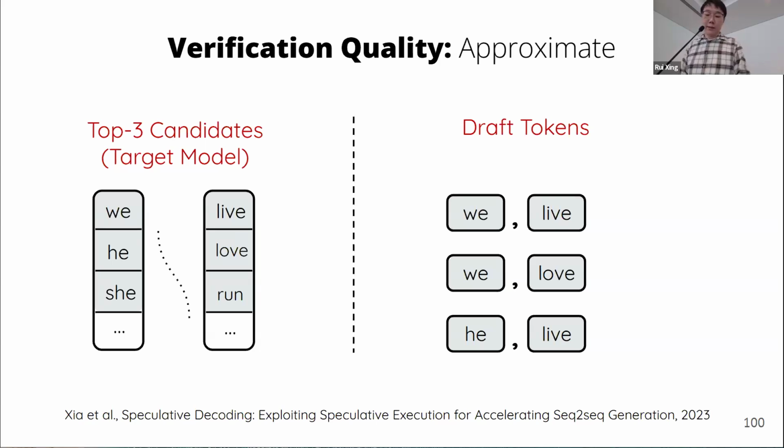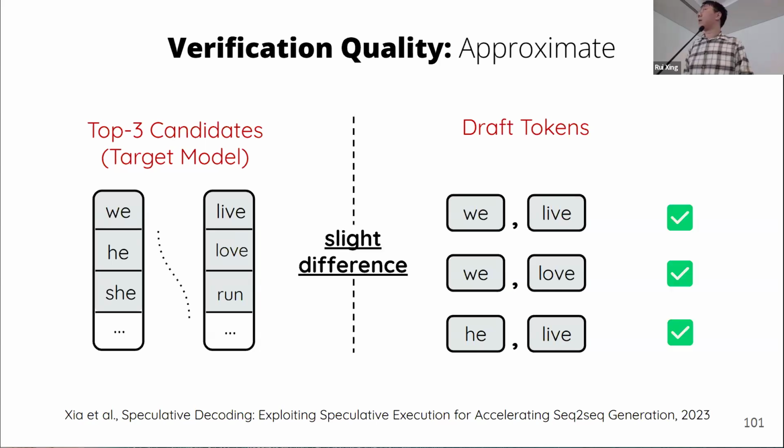So in this case, if the draft tokens are within these groups, they are all accepted by the verifier. But it will have a slightly different distribution from the target model. So it's relaxed, with a better speedup, but relatively lower output quality.